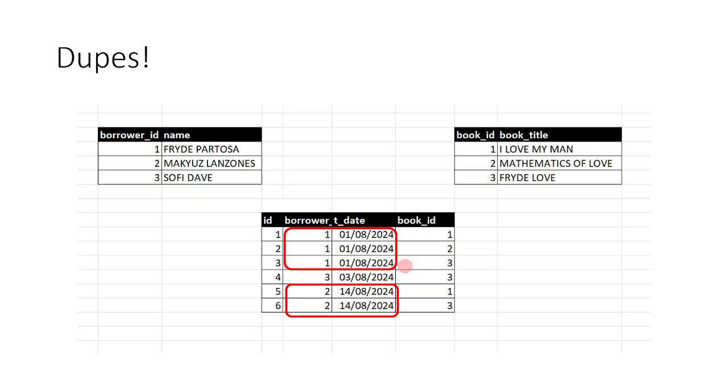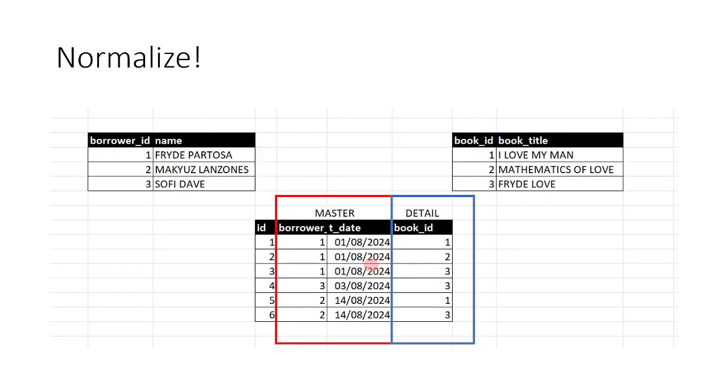So how are we going to normalize this table? We are going to separate it into a master-detail format, or header-detail format. We are going to divide this table into two, where this side would be the master table, and the detail would be the books that have been borrowed.